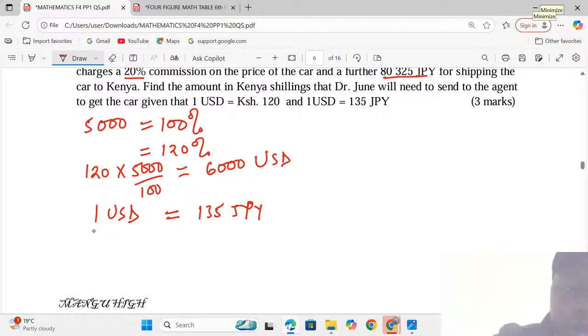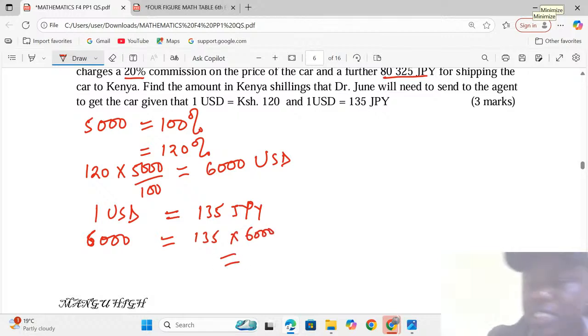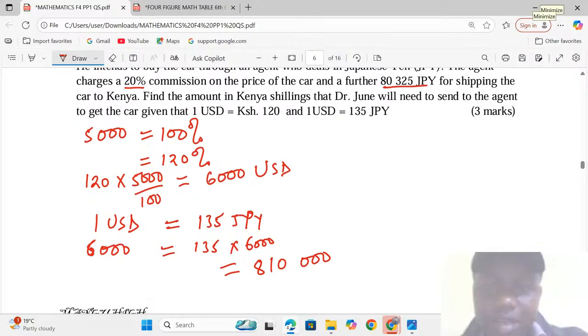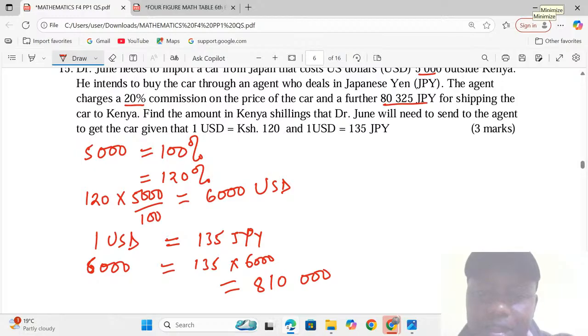What about the 6,000 now? They will be equal to 135 times 6,000. So 6,000 by 135 is 810,000 Japanese yen. That is now the cost of the car together with commission.